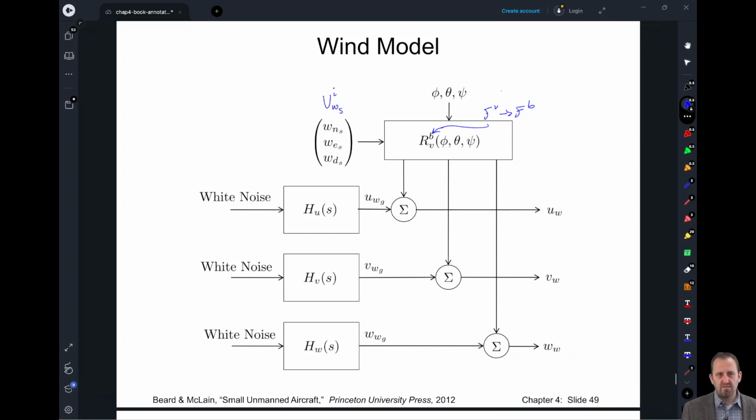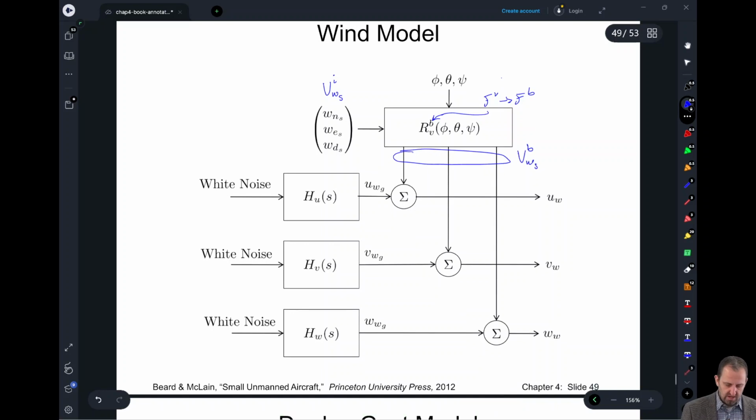But the vehicle frame and the inertial frame are parallel, so if we're talking about a vector in either one, it's going to be expressed the same. So we could also say that this could go from the inertial to the body frame for that rotation. So the output, these are the x, y, and z components of v sub ws, now defined in the body frame.